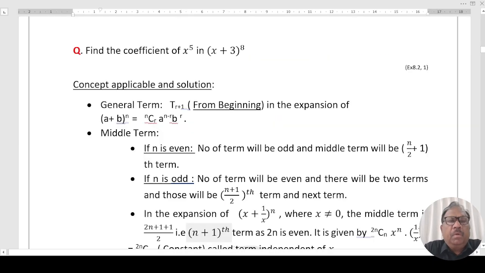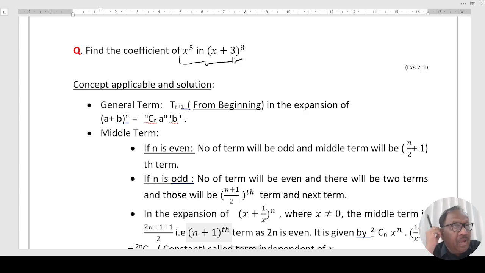Question is, find the coefficient of x to the power 5 in the expansion of (x + 3) to the power 8. Whenever you have to find the coefficient of any term, first of all write the general term expression. After writing it, regroup all the terms which are required.